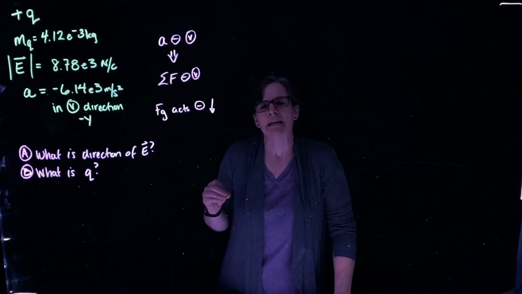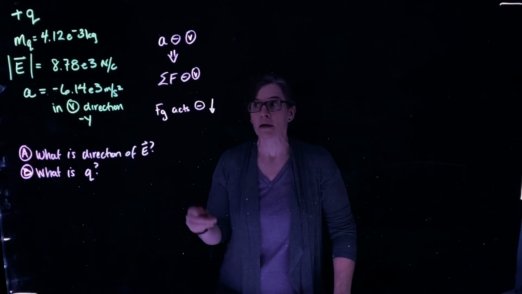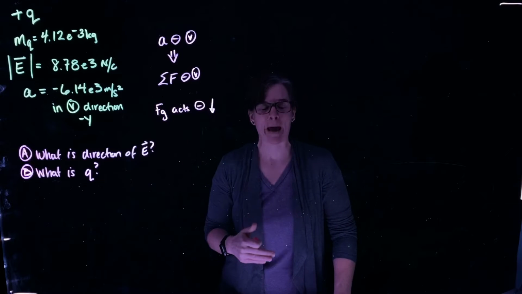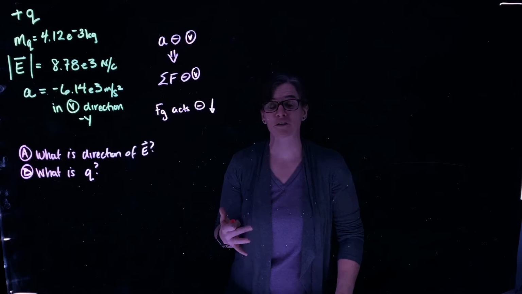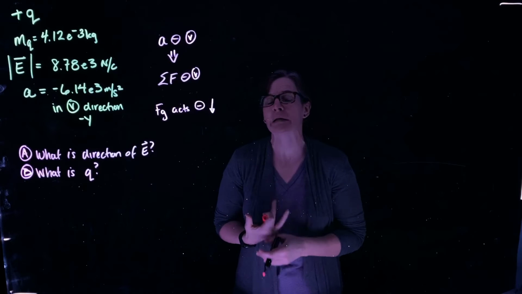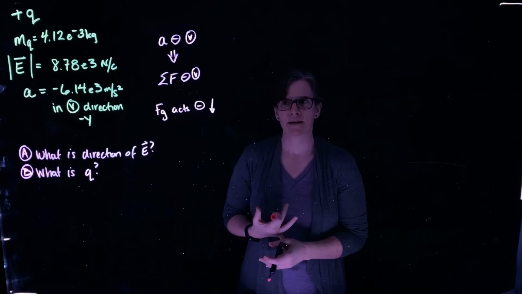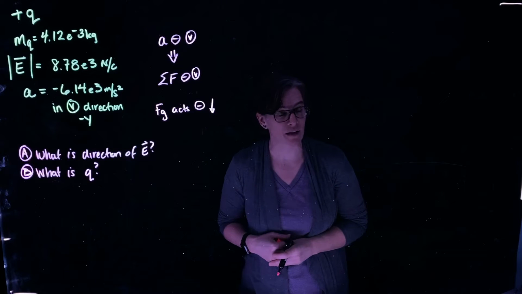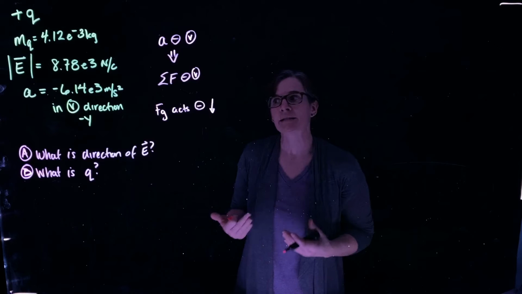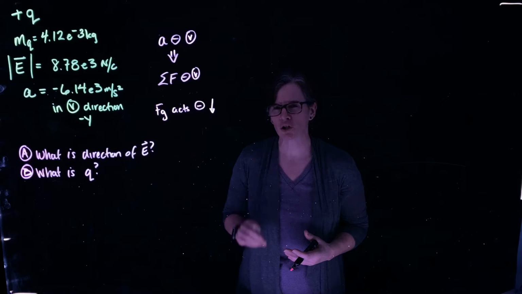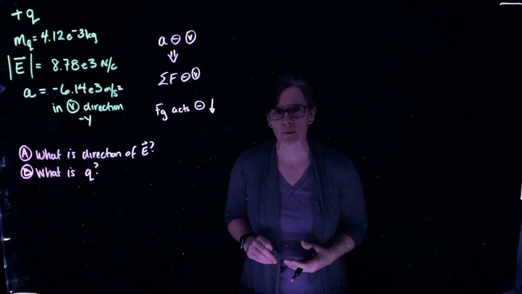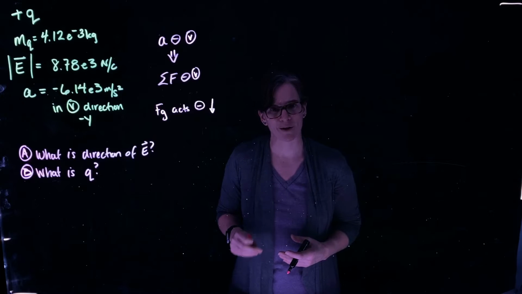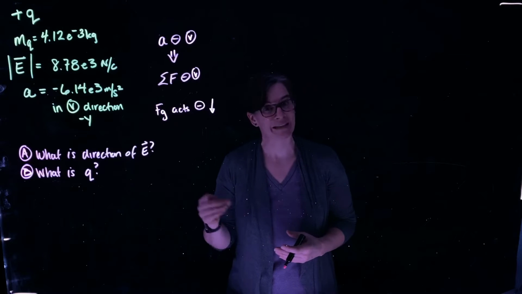Now, if the electric field was in any direction other than vertical, so if the electric field had a horizontal component to it, then the sum of the forces would also have to have a horizontal component. Since the acceleration of the particle is purely vertical, that means the net force acting on that particle is also purely vertical.